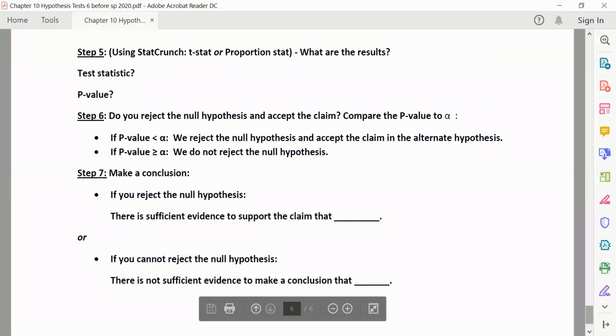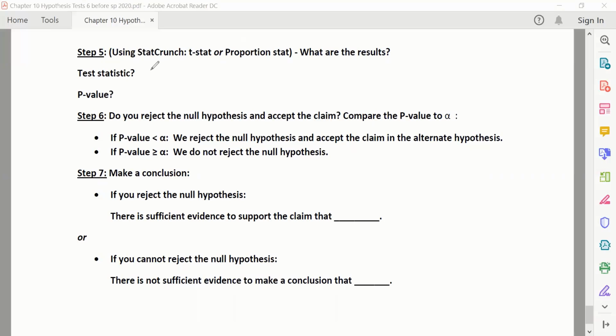So our test statistic was Z equals negative 1.10, and P is 0.2702. So P is greater than alpha, and we don't reject the null.